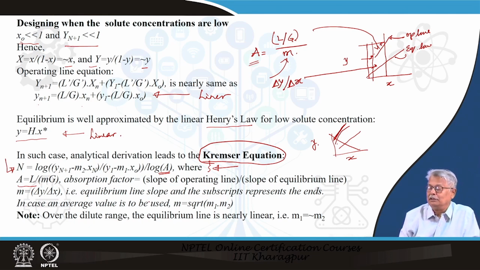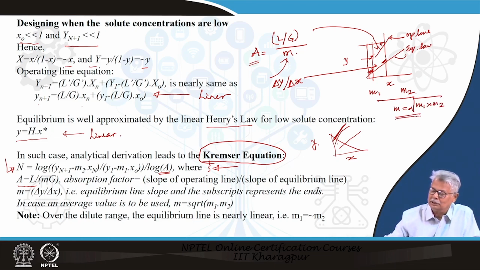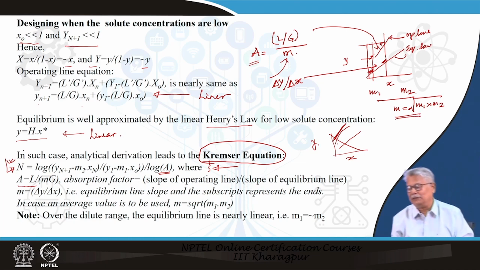Now if you are trying to handle a situation in which the equilibrium line is slightly curved, you may have one slope here and another slope here. One slope is m1, the other slope is m2. In that case, but they should not be too different, what is typically done is you use the value of m1 times m2, and it has been found that it also gives a pretty good estimation of N. Now remember one thing, the Kremser equation is primarily used for dilute solutions.